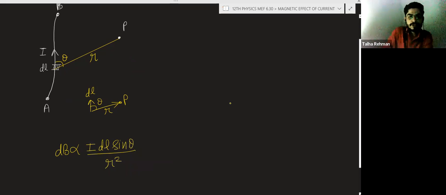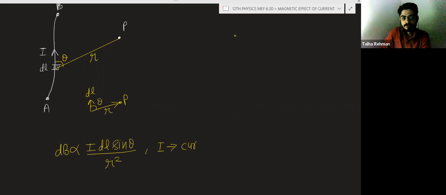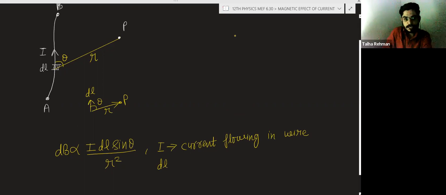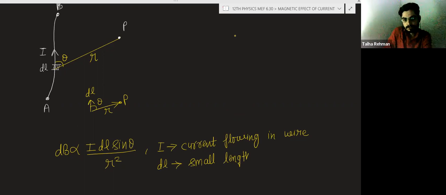I is the current flowing in the wire. dl is the small length of the wire.